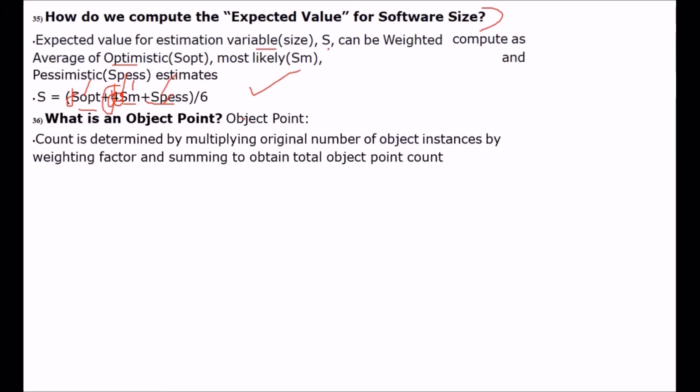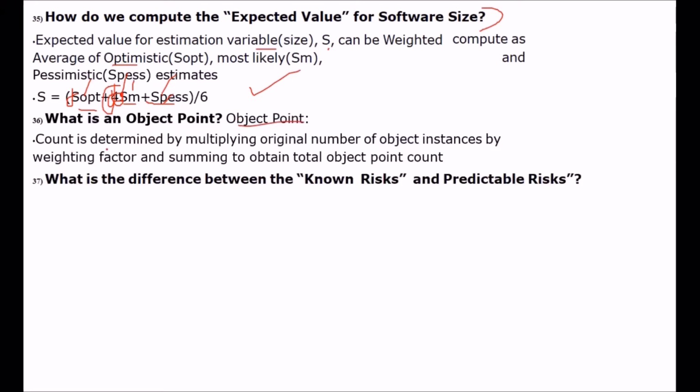Now what is an object point? Object point count is determined by multiplying the original number of object instances by a weighting factor and summing to obtain the total object point count. We have functional points, FPs and all. So object point and functional point are often talked about.